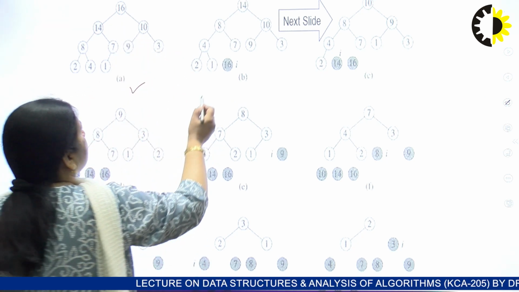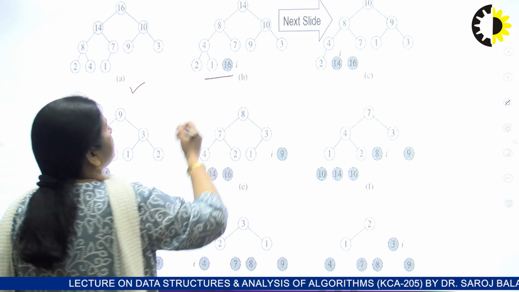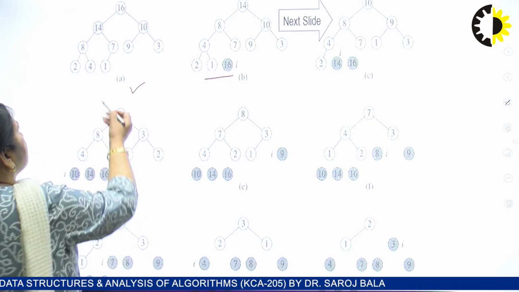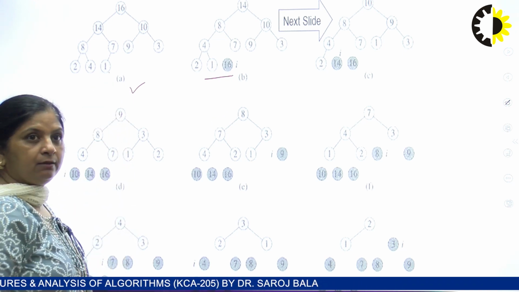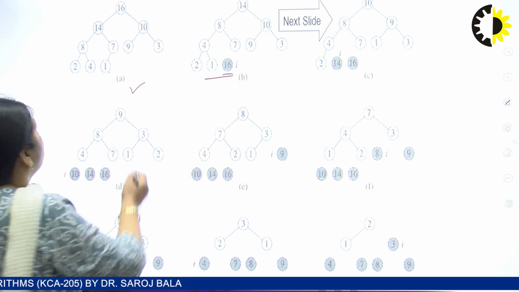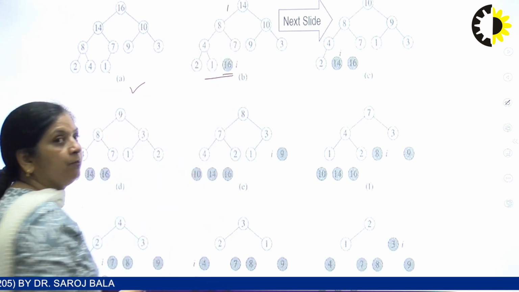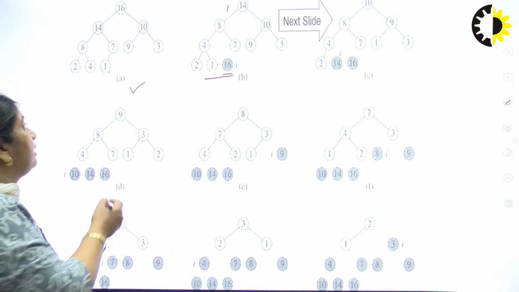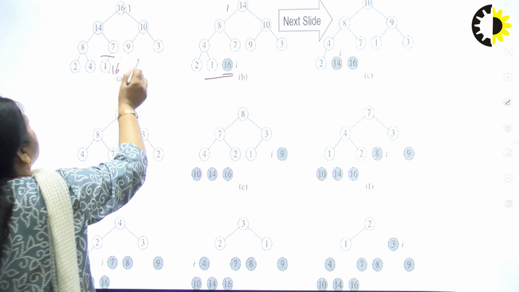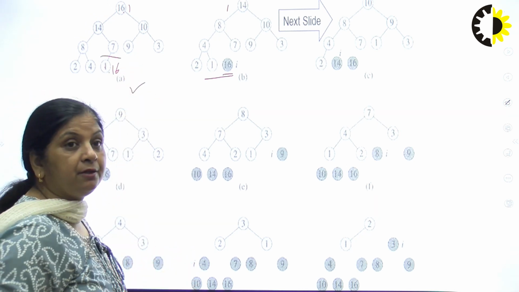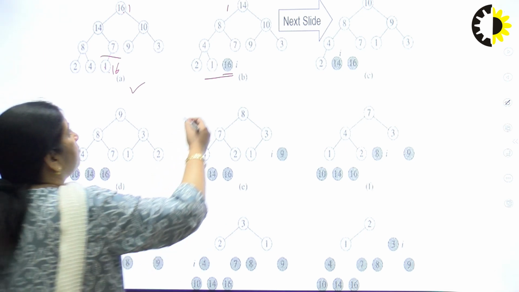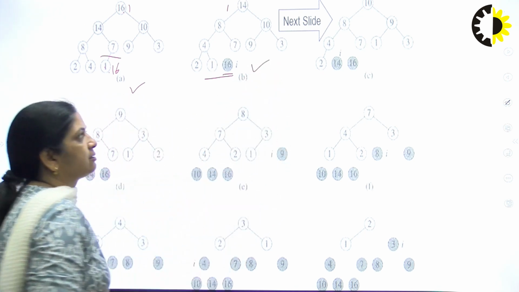So 16 has come at this position and it has been deleted. 16 has been exchanged with 1 and it has come at this location. Heap size is decremented, so it has been deleted. Now we will call the heapify method and we will get this as the result.